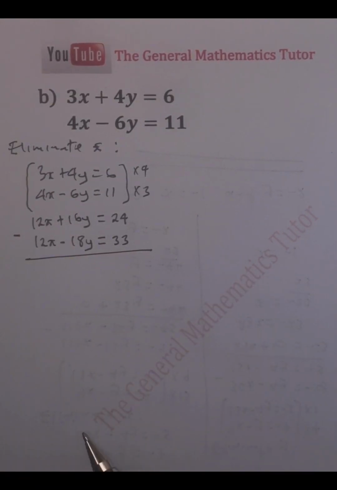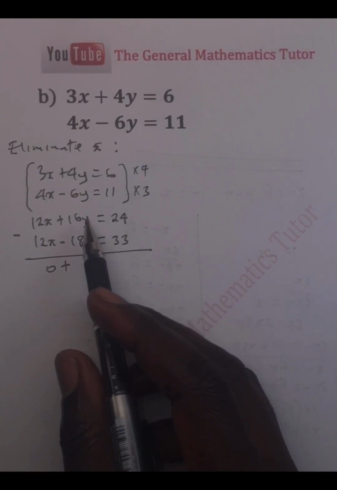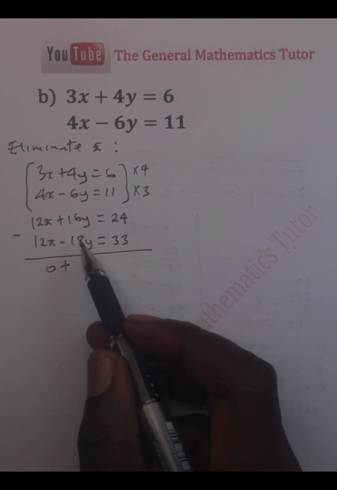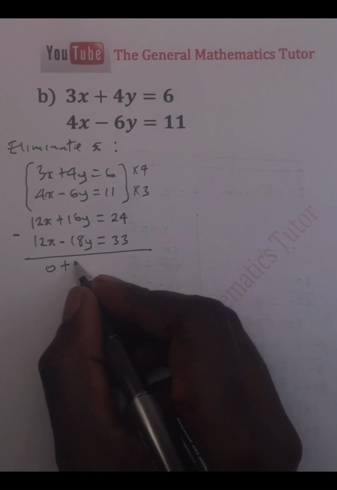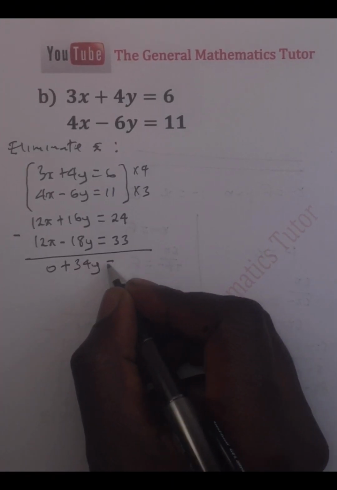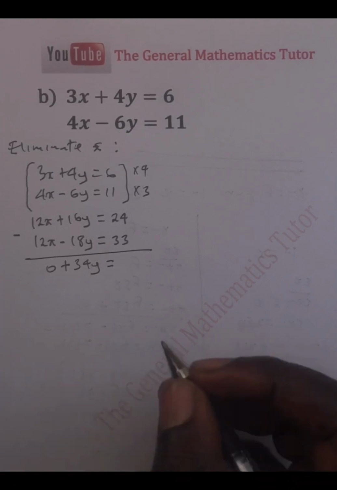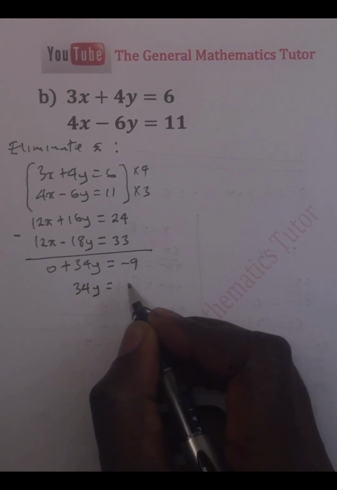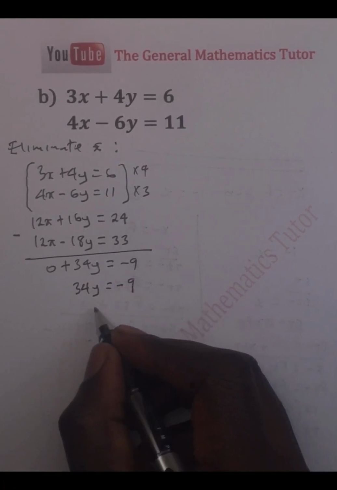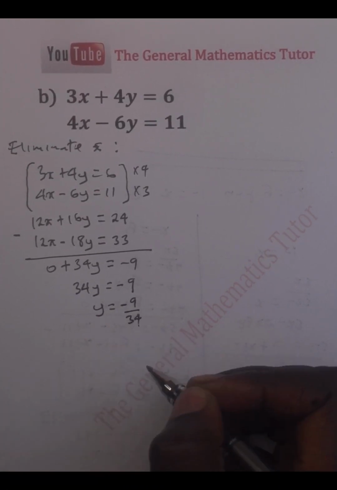So if we subtract, we're going to have 0 plus 16y minus -18y, that is the same as positive 34y is equal to 24 minus 33, which is -9. So therefore we have 34y is equal to -9, so that y is the same as -9 over 34.